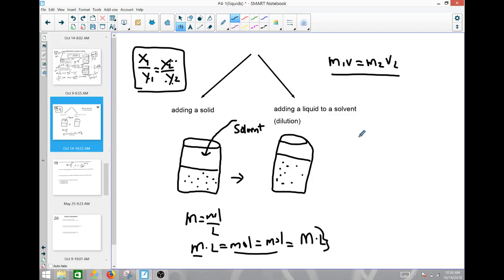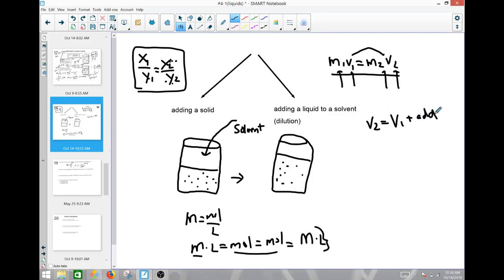All right, so this is initial concentration, initial volume, ending concentration, ending volume. The only thing I would mention here is your units can be whatever you want as long as you're consistent. And V2 equals V1 plus what you add.